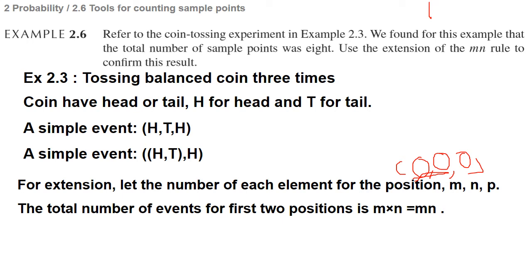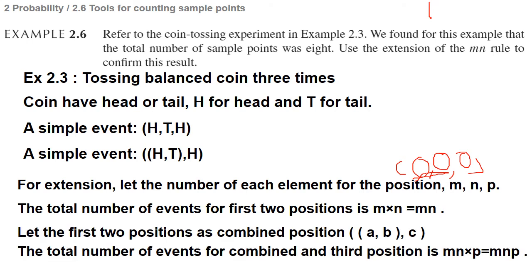And we can also apply the MN rule in the next step. Let the first two positions be a combined position. This is the combined position, and we count the total number of events for the combined position and the third position.